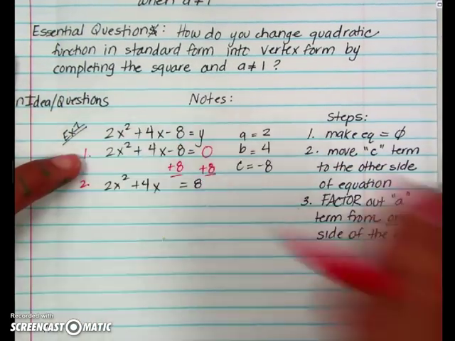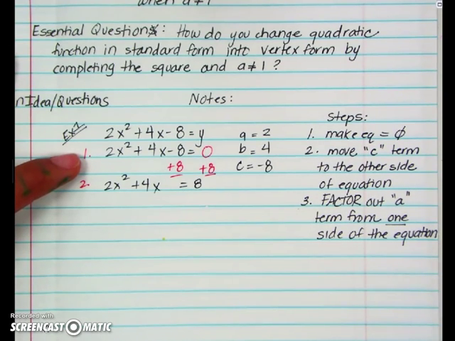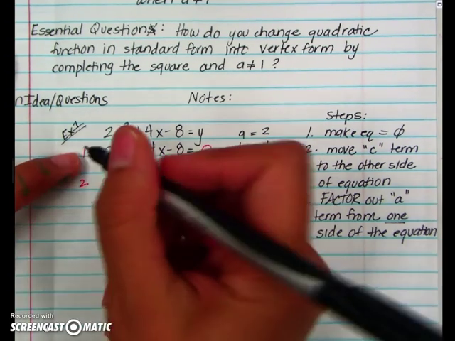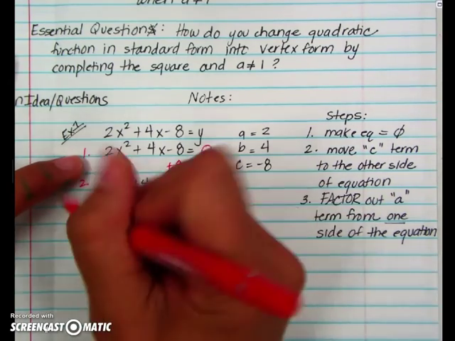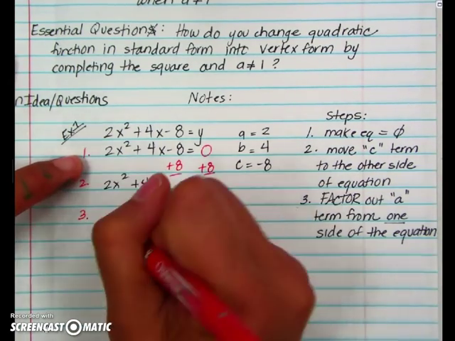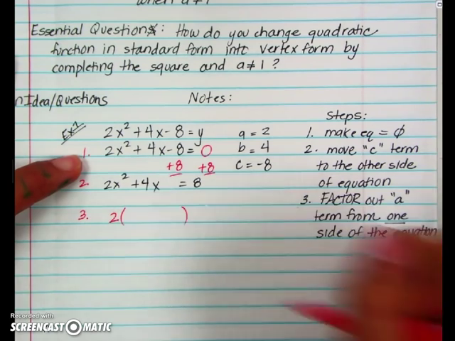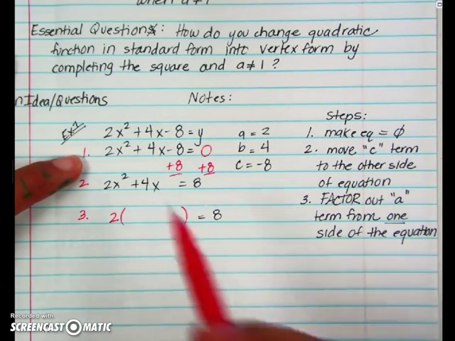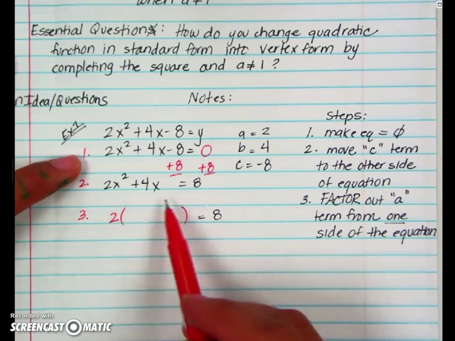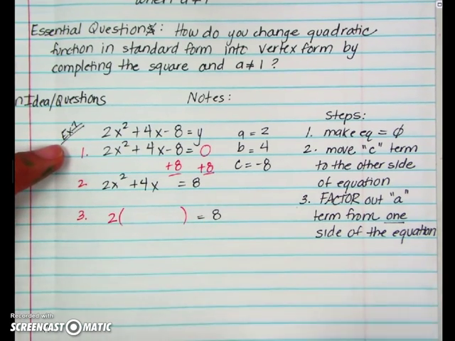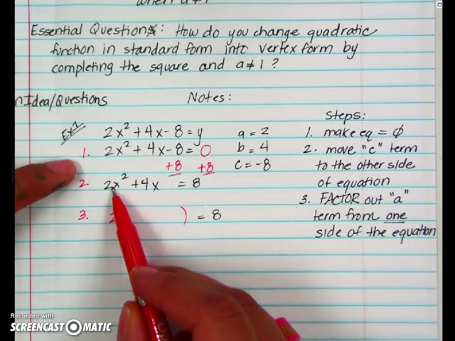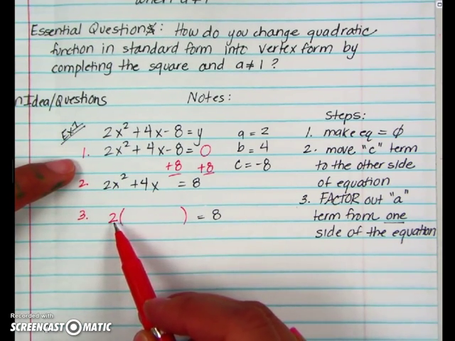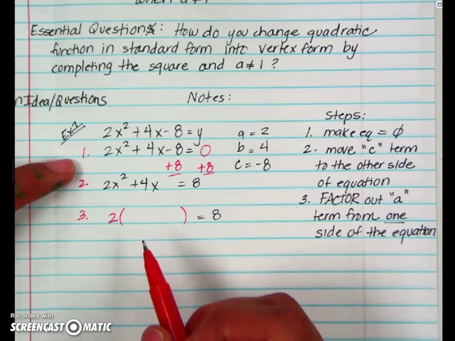So when you add 8 to both sides, you have 2x squared plus 4x is equal to a positive 8. So that's step 2. Step 3 says factor out the a term from the left side of the equation. So if I factor the a term, which in this case is 2, it means I'm going to put 2 on the outside and the right side stays the same. So when we distribute, we multiply. So when we're factoring, we're dividing. So what is 2x squared divided by 2?